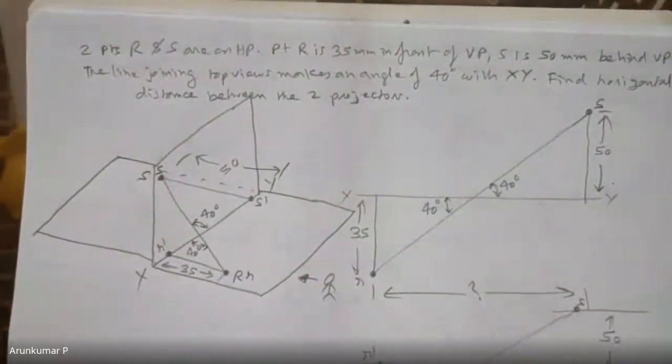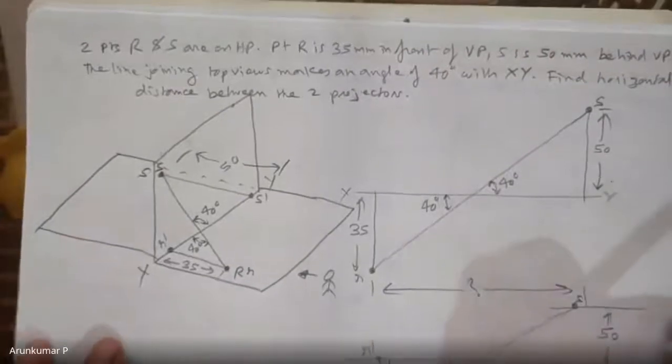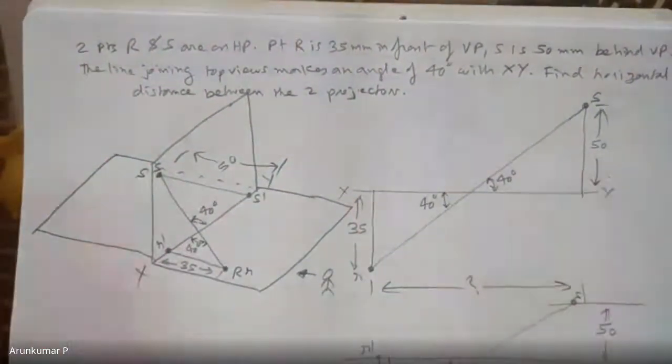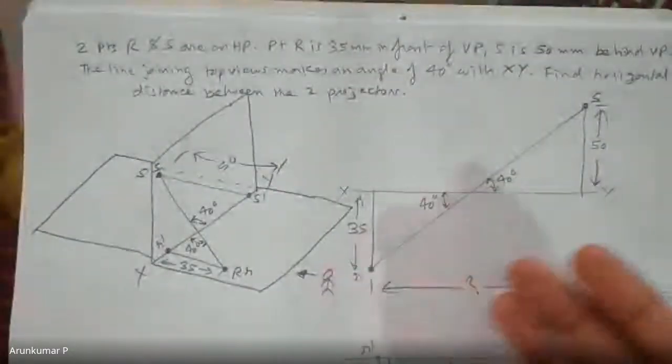So we will start with today's session. I think we need to solve maybe two or three more different types of problems, and then we'll be done with projection of points. The remaining problems are on similar lines as what you have seen.